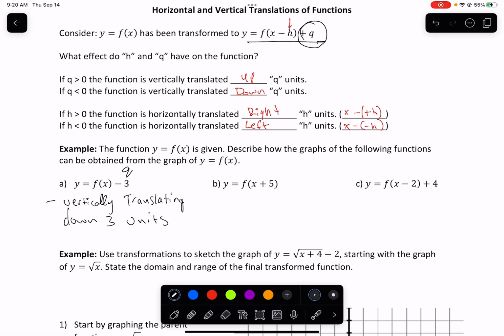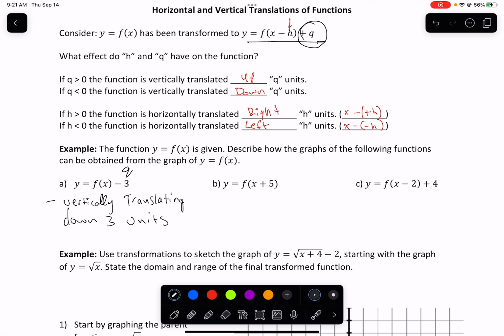Okay, what's happening in B? Again, I don't care what the function is. It doesn't actually have to be a function. It could just be a relation, a bunch of points. You take all those points on a scatter plot of like 6 points and do what to all the points?